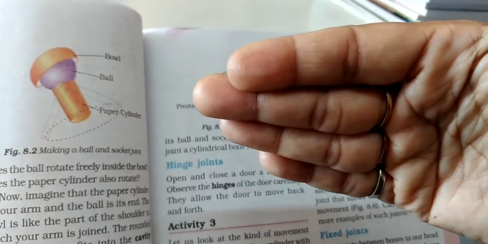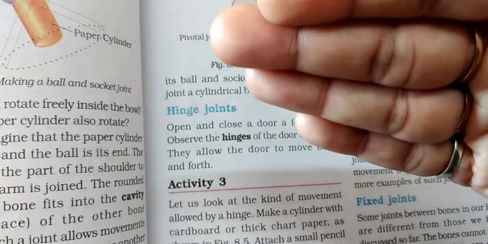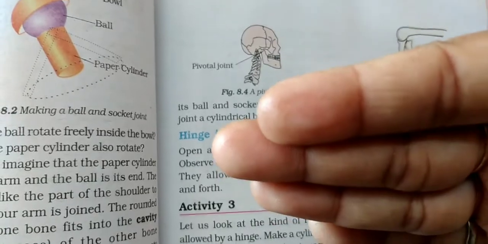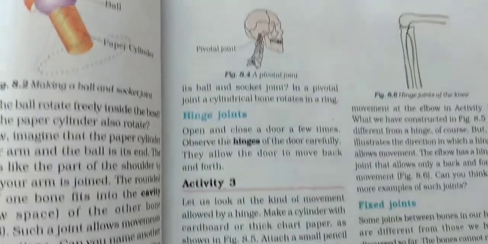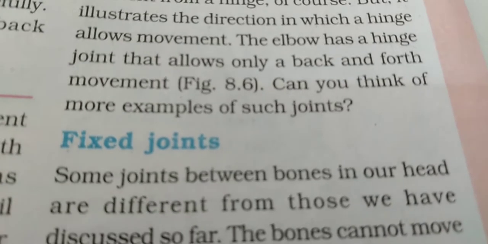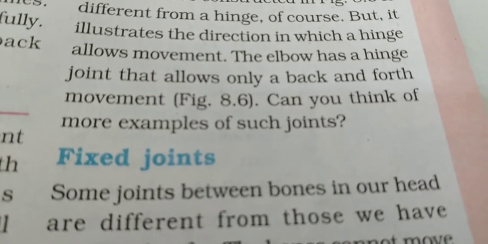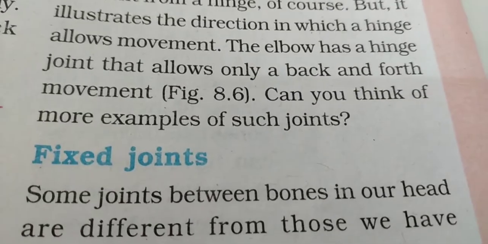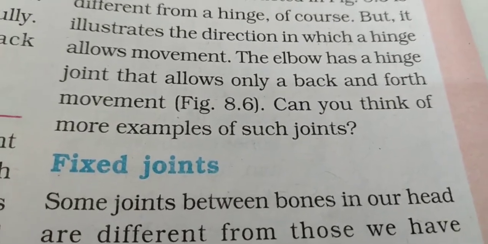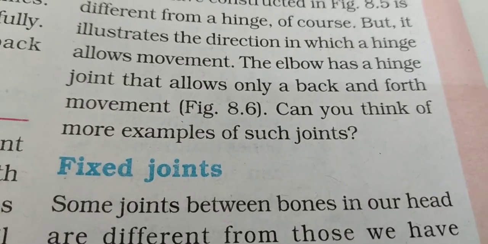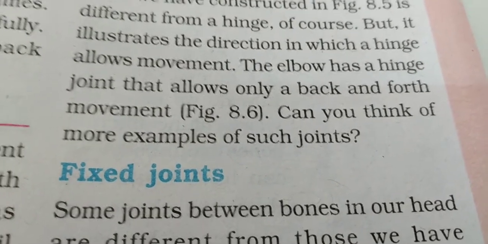So hinge joints help our body move back and forth. Is that clear? And the example of hinge joint, the elbow. The elbow has a hinge joint that allows only a back and forth movement. And just think of a few more examples of hinge joint.